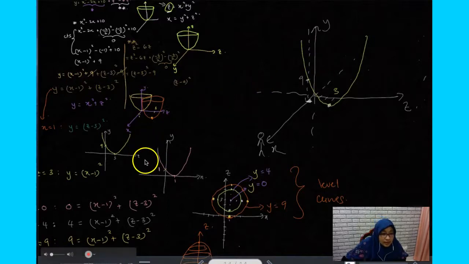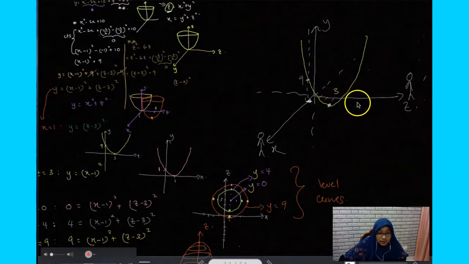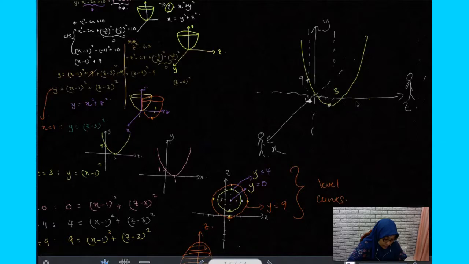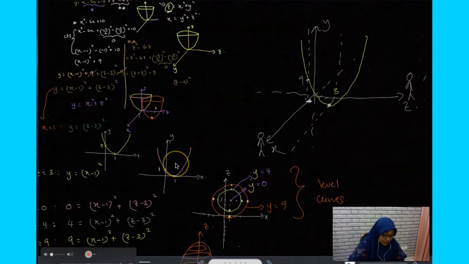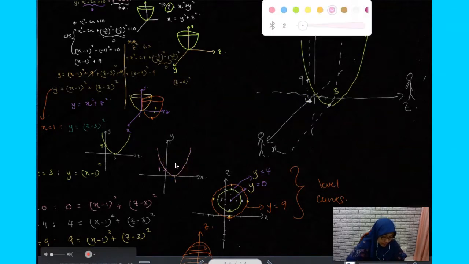And then when you are looking from z, what can you see at z equal to 3? At z equal to 3 now, at this plane, you can see this quadratic.